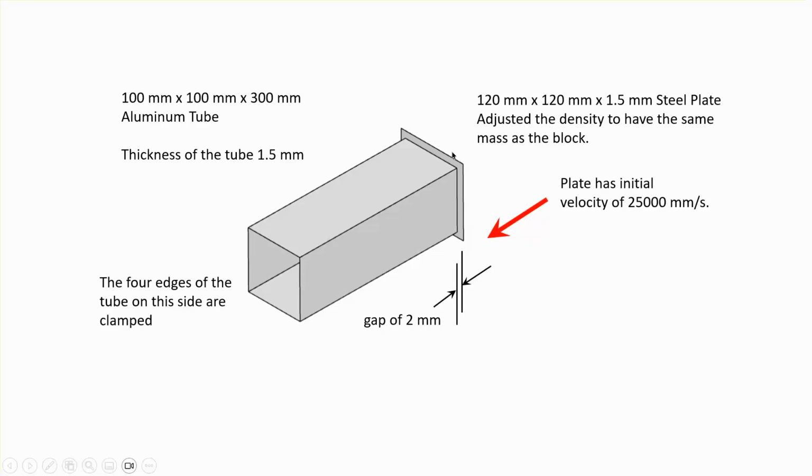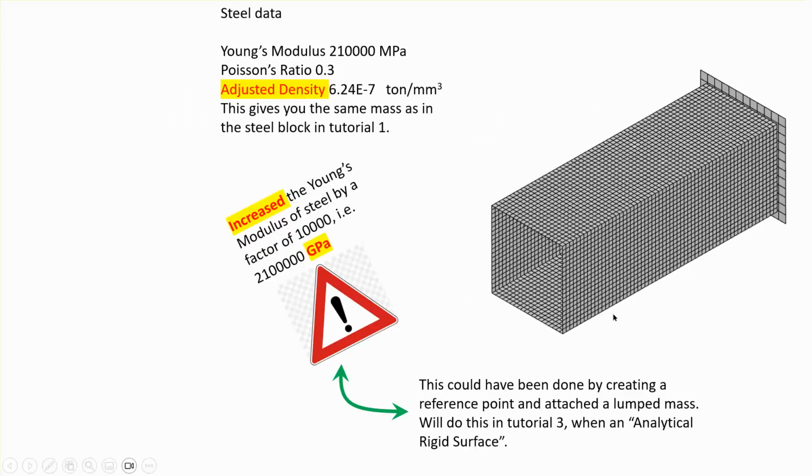The lateral and vertical dimensions are the same, but the thickness is 1.5. Since that is the case, I actually have to change the density value in the steel block at the impactor, so that it gives you the total mass, same as the previous tutorial. Okay, so here it is.